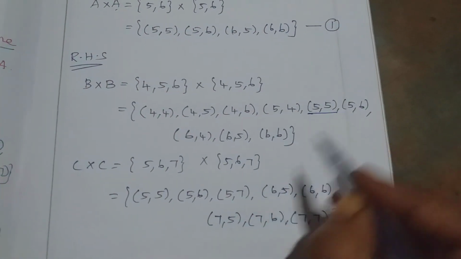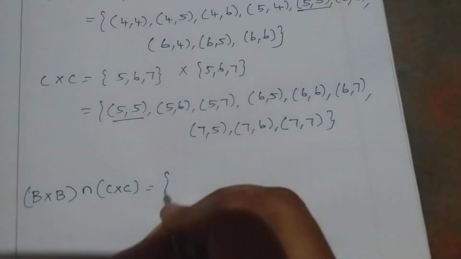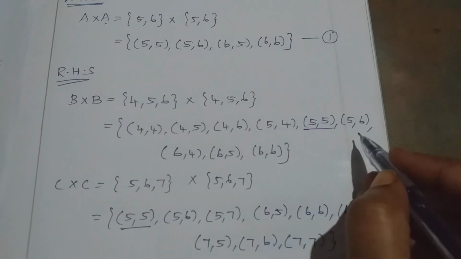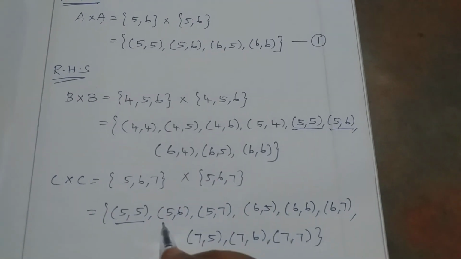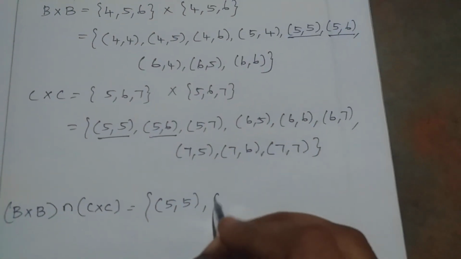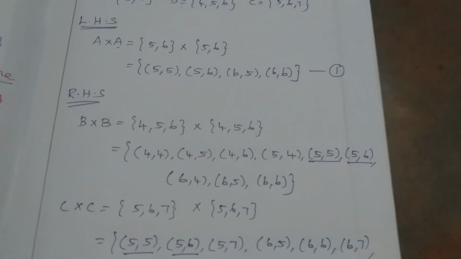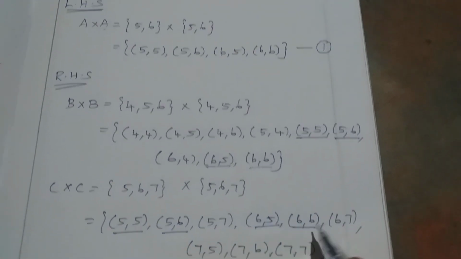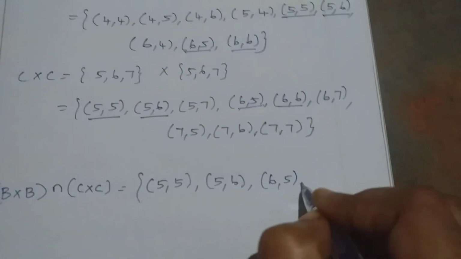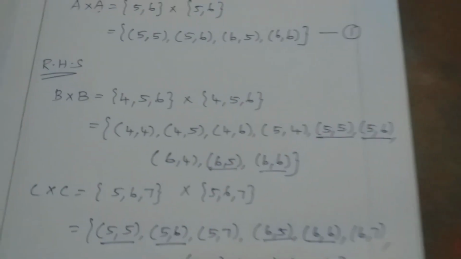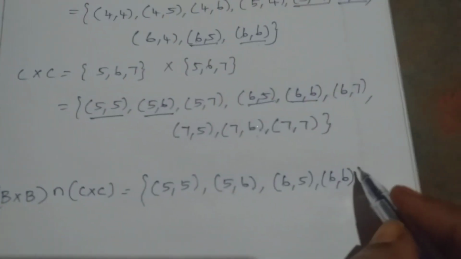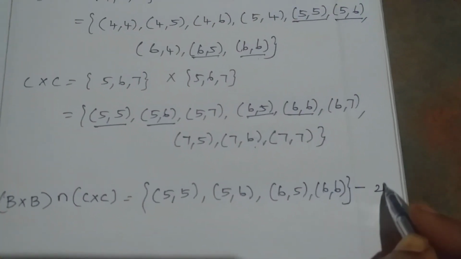First one (5, 5), so you will write (5, 5) first. What is next? (5, 6), here also (5, 6). What is next? (6, 5). Next (6, 6). Do you find any other common thing in both the sets? No. So that's all. Keep it as 2.